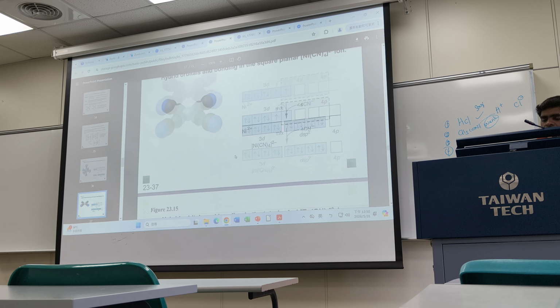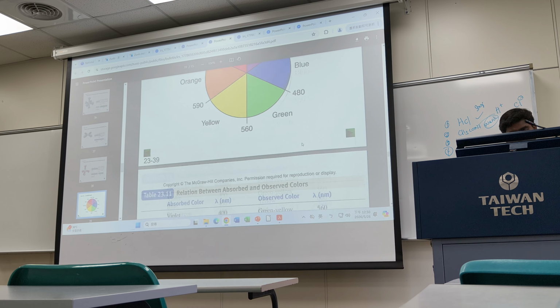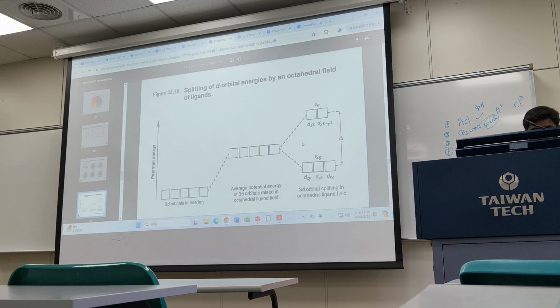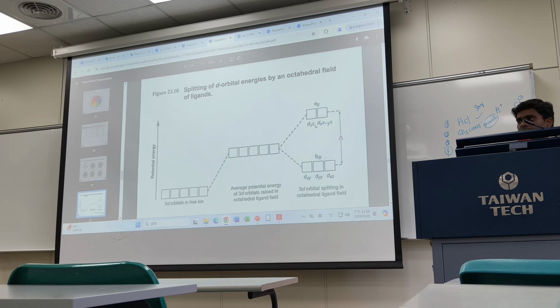Next one, at the end of the module, is the d splitting, d orbital splitting. Just remember d orbital splitting must be t2g and eg, and dz square, dx square minus y square will be there.